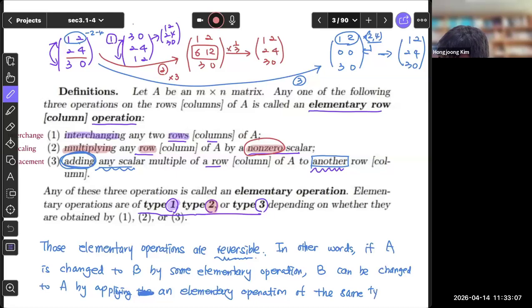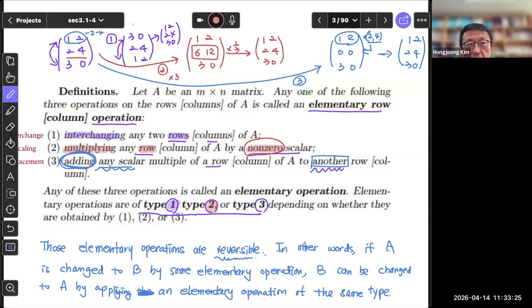Sorry about this handwriting. I'm not good at this. Okay. So as I said, if I consider the interchange operation type 1, if you perform the same interchange operation, the matrix B goes back to A matrix.